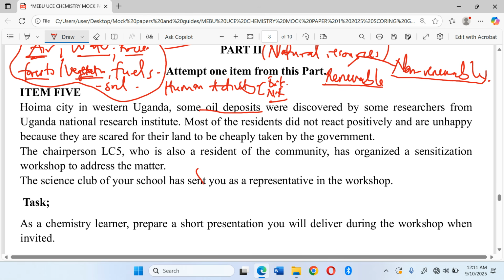So we can see which natural resource, what we have inside the soil is the oil, which they need to do the extraction. So which means that the human activity becomes the extraction, and then the natural resource can be the petroleum or crude oil.